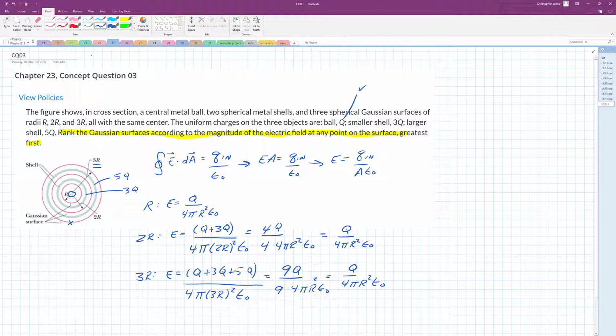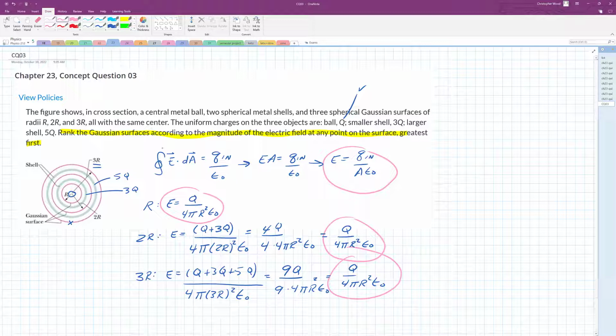So each of these surfaces has the same magnitude of the electric field. They all have the same value. Here, here, and here.